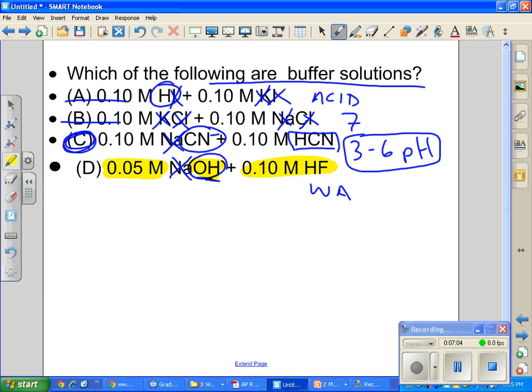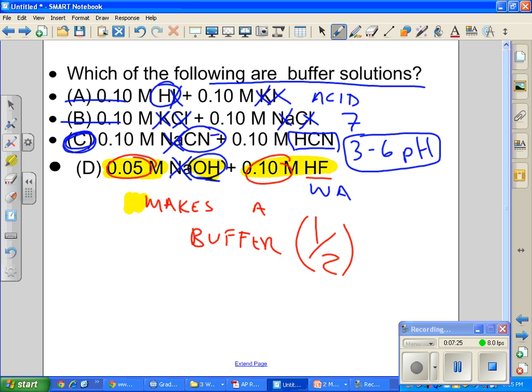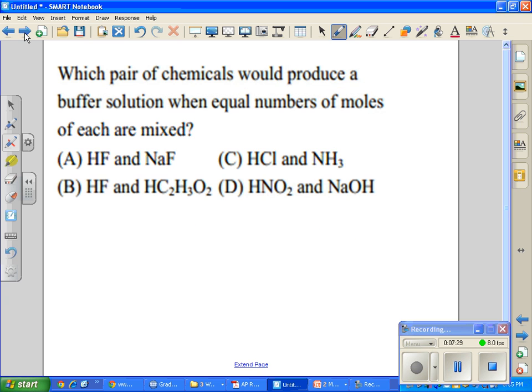Remember, when you're halfway to equivalence, you have the exact same amount of salt as the acid or the base. So technically, this makes a buffer solution. You have to be aware of it because it does come up. If you see a weak acid and the molarities are exactly half of each other, then you could make a buffer solution that way.